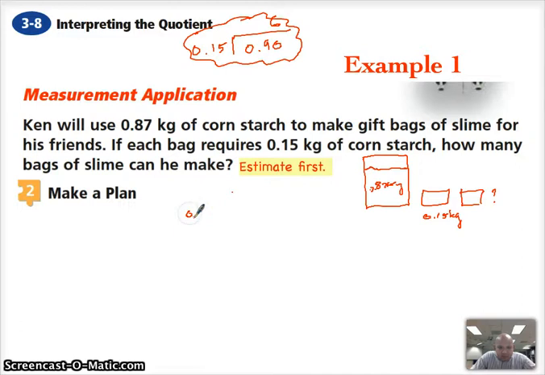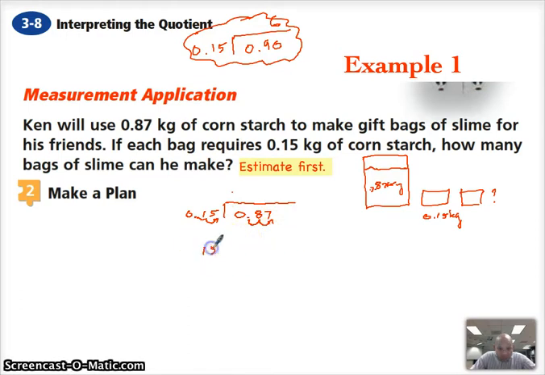So we got 15 hundredths into 87 hundredths. Of course, we're going to move the decimal point in the divisor because we should not have a decimal in the divisor. We'll move that over 2 places. We need to move the decimal point in the dividend 2 places.